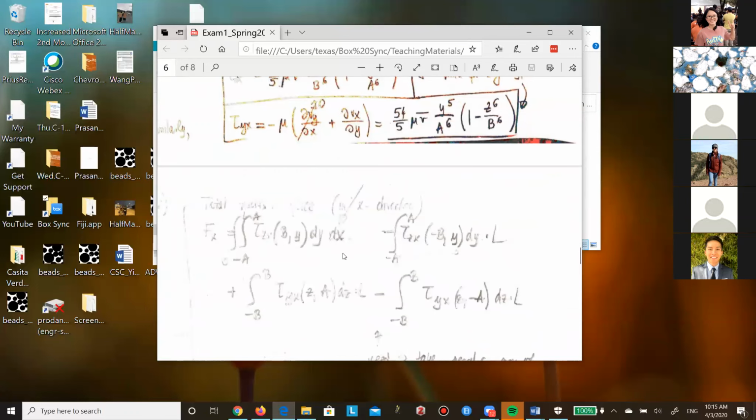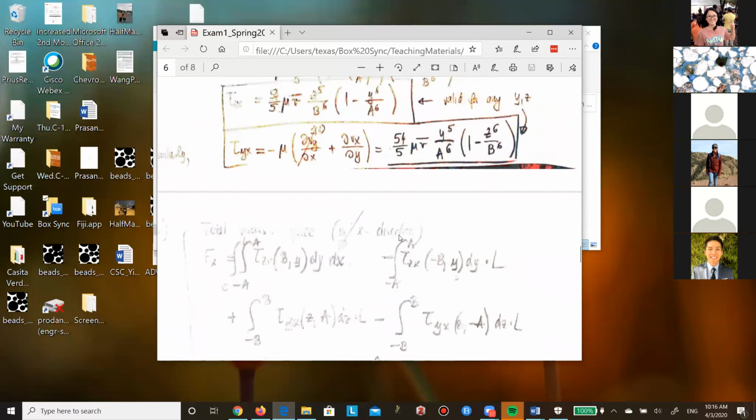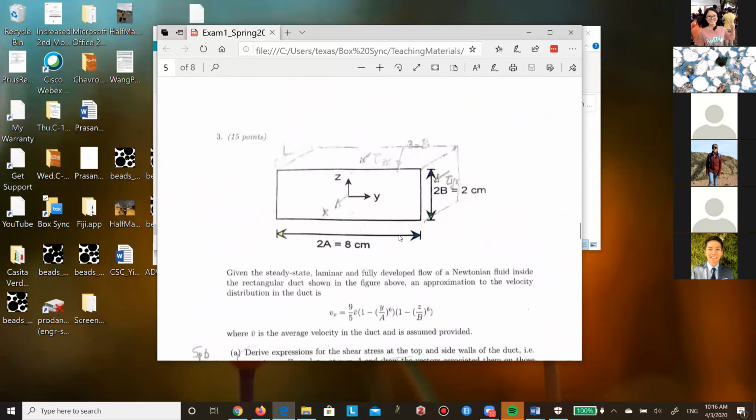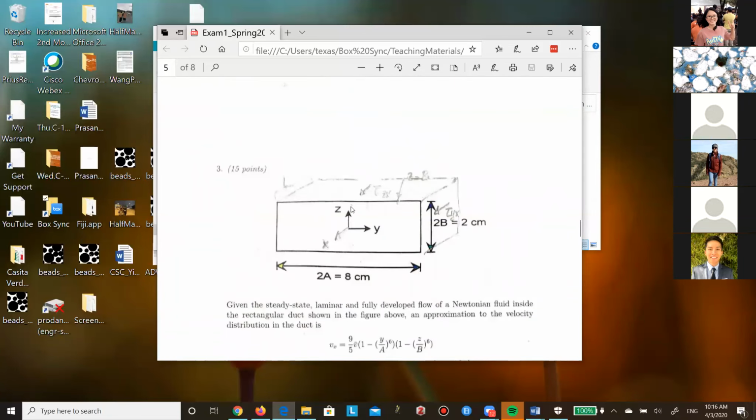So I have the top plane, Z equal to B. Then for Z equal to minus B, I take the definition of shear stress at minus B, but I have to take the negative in front of it into account. Because on the top plane, my shear stress by definition is momentum transfer from lower Z values to higher Z values.